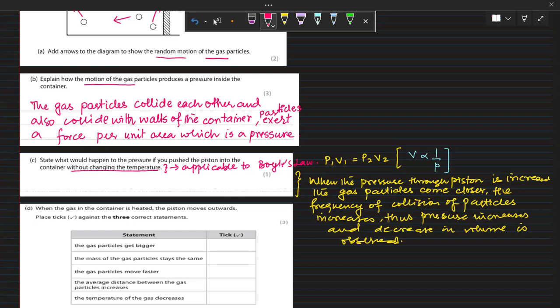How this happens, I have already explained. So you can write that the pressure would also increase inside it.